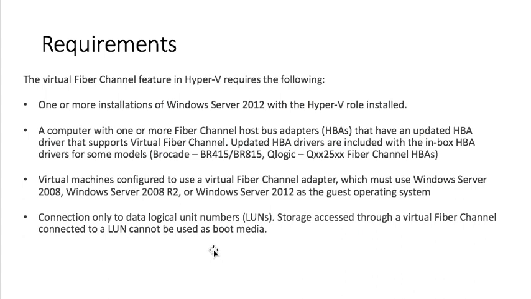Updated HBA drivers are included with the inbox HBA driver for some models like Brocade BR415 and 815, and QLogic QLE25xx Fibre Channel HBAs. Virtual machines configured to use a Fibre Channel adapter must use Windows Server 2008, 2008 R2, or 2012 as a guest OS.